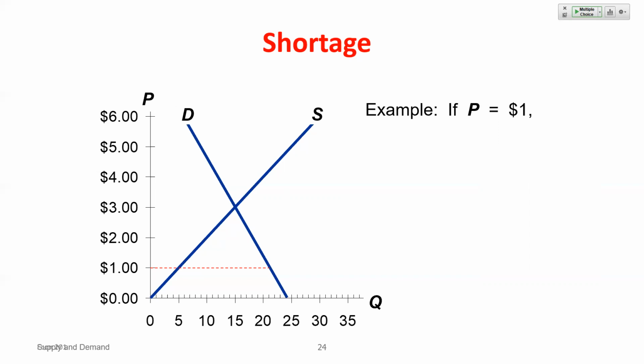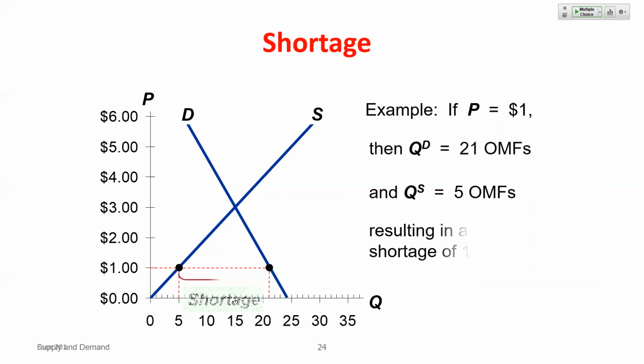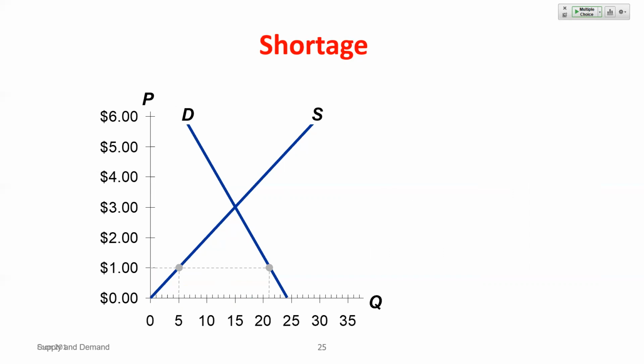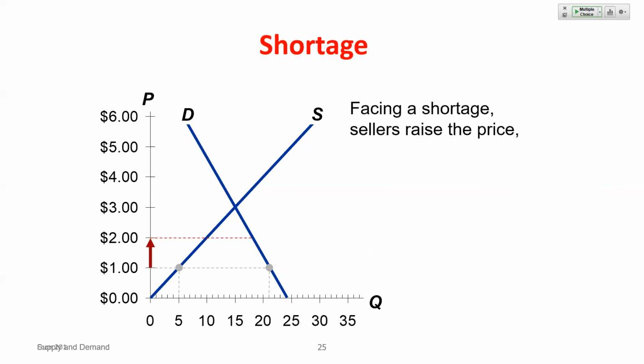So producers start to raise the price. As the price increases, at a higher price I'm going to want to sell more. If I can sell something for a higher price, I'm okay with selling more units.